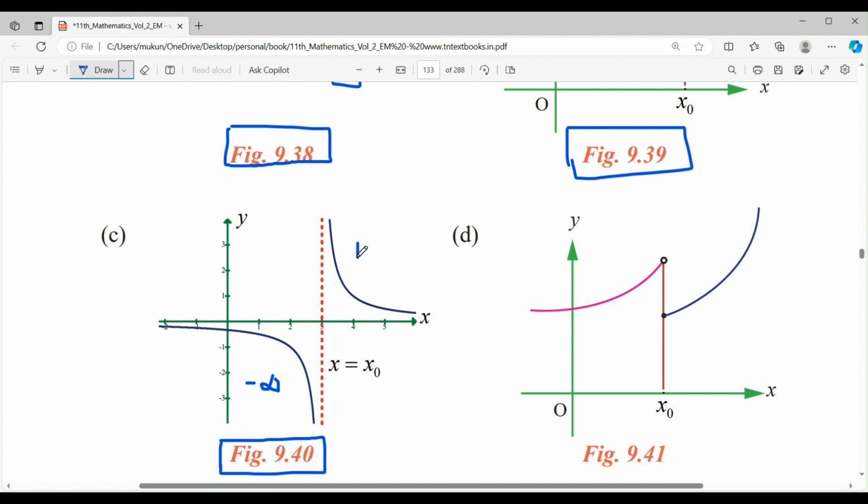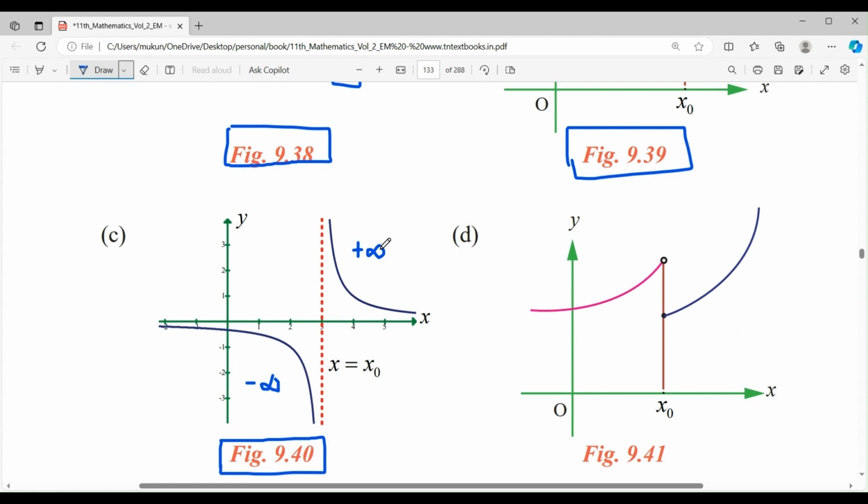And for x greater than x naught, this is tending to plus infinity, right? So here again, you see that the function is undefined at x equals x naught, and moreover the limits also don't exist. It is a limitless function. My LHL is tending to minus infinity, my RHL is tending to plus infinity, and therefore the limits do not exist. The function is limitless, and at the same time it is not defined at x equals x naught, right? So therefore you have the function being discontinuous.